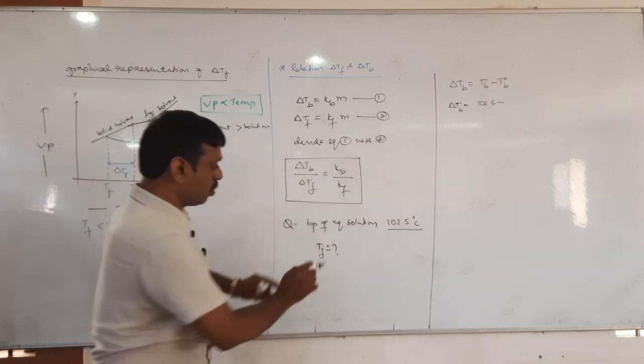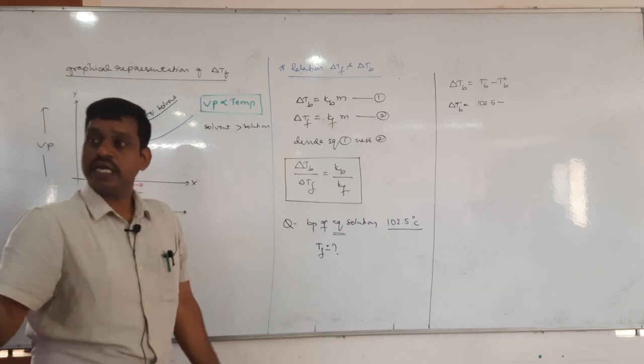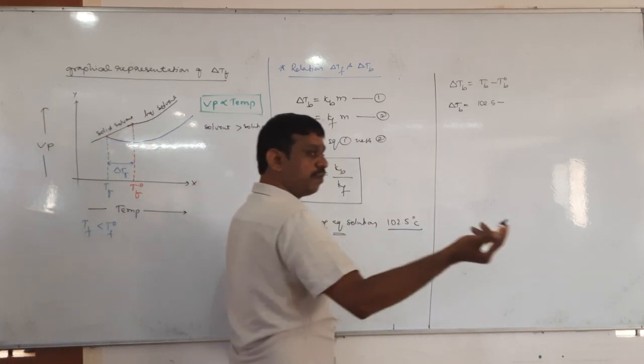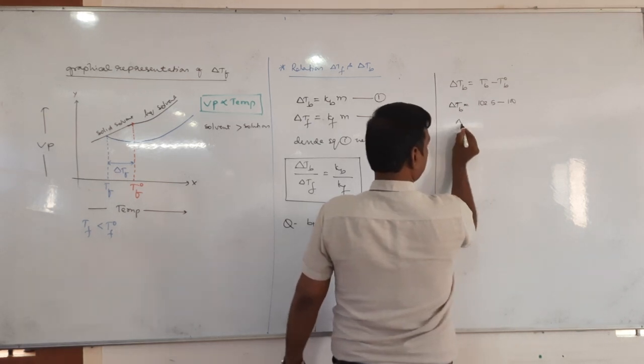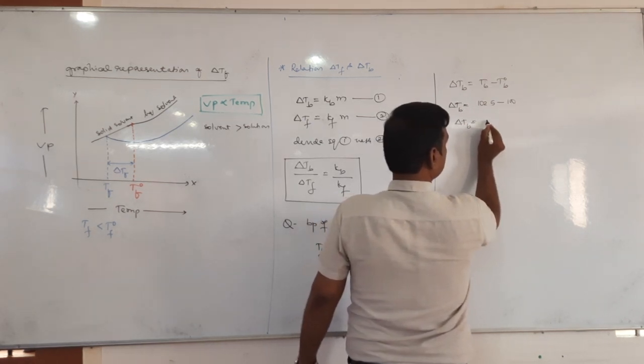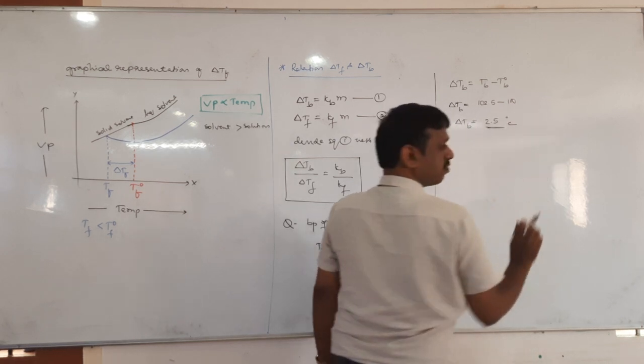It is an aqueous solution, no? How do you get an aqueous solution? By adding water. Therefore the boiling point of pure water is 100 degrees Celsius. Therefore delta TB equals 2.5 degrees Celsius.